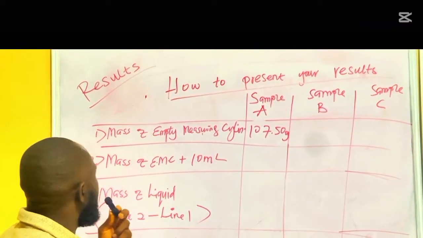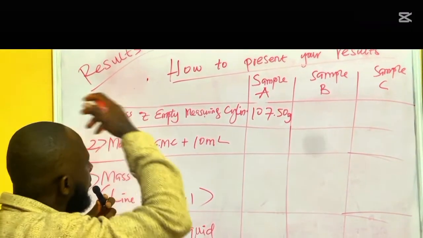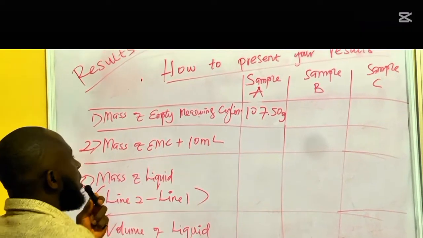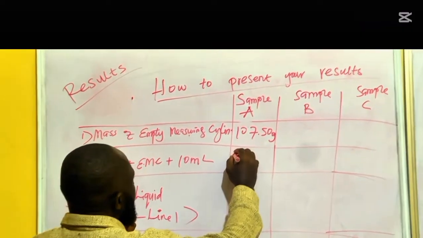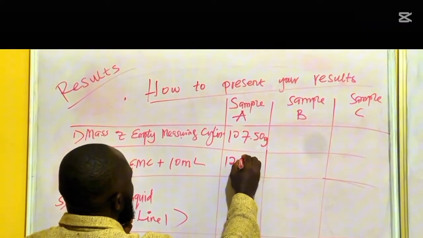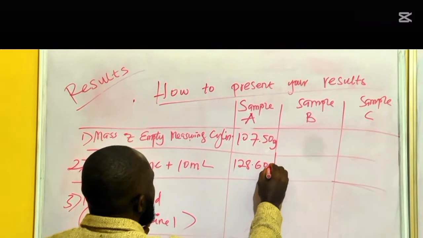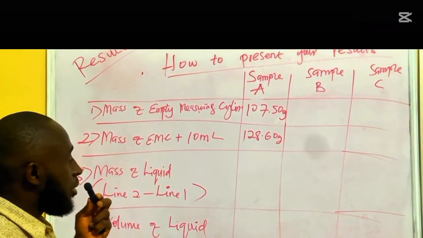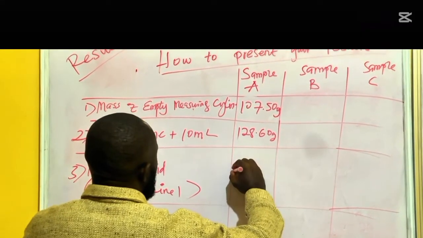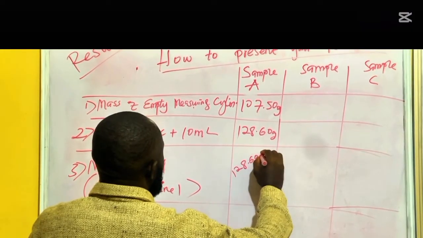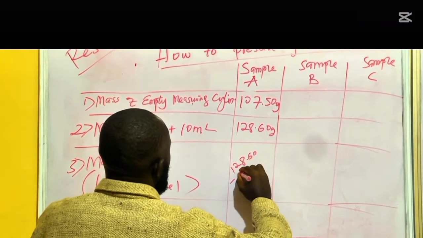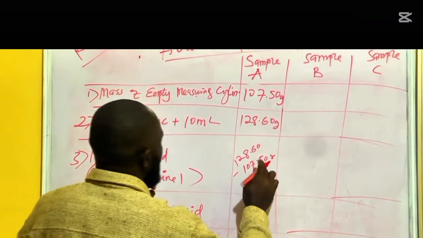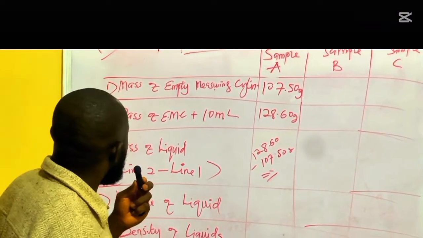Now, let's say you have added 10 ml of sample A to your empty measuring cylinder, and the weight increased from 107.50 to 128.60 grams. For you to get the weight of your liquid, it becomes 128.60 minus 107.50 grams. Whatever you get here becomes the weight of your liquid.